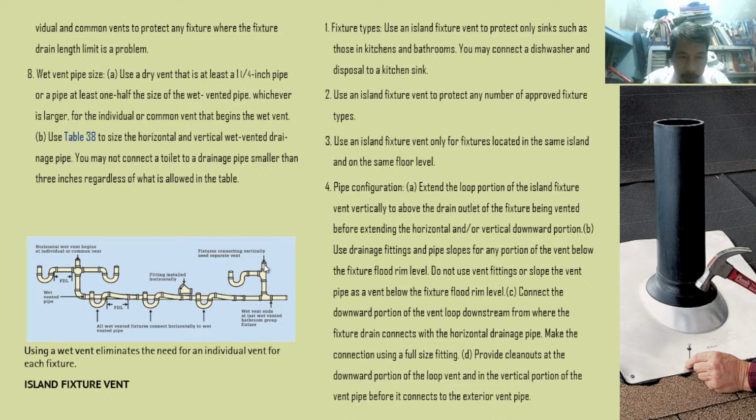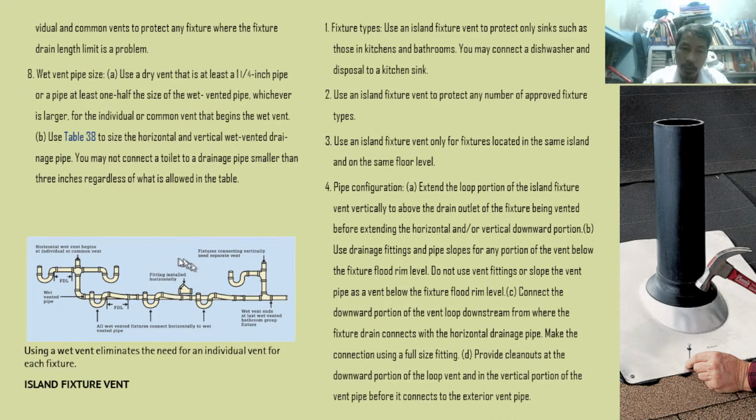So this is the vertical separate vent. Okay, so this is the P-trap. All wet vent fixtures connect horizontally to the wet vented pipe. So this is the wet vent. The fitting is installed horizontally if you are going to connect this to a vent like this. Why?